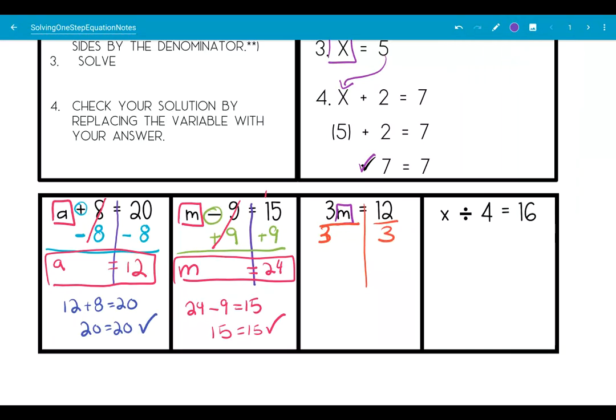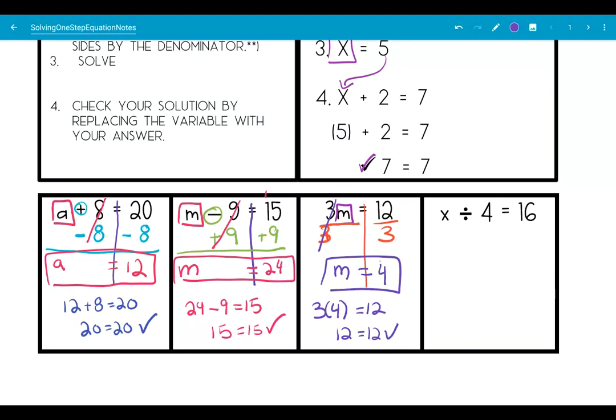We know that 3 divided by 3 is 1, so I'm looking at just 1m, that's the goal. And 12 divided by 3 is 4. So m is equal to 4. If I were to check this answer, I'd have 3 times 4, checking to make sure that it equals 12, and it does. So my answer is correct, that m is equal to 4.